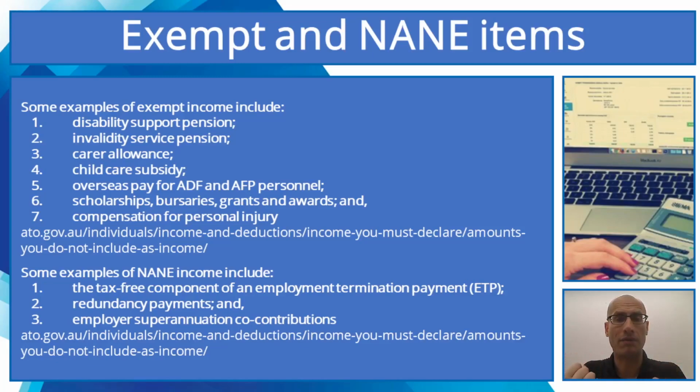There are, however, some situations, again in terms of carried forward losses and other areas where income figures are calculated, where non-assessable, non-exempt income, in inverted commas, is better, so to speak. Now, some examples of non-assessable, non-exempt income are where you receive an employment termination payment, an ETP, a redundancy payment, or if your employer contributes towards your superannuation. Those are all non-assessable, non-exempt forms of income.